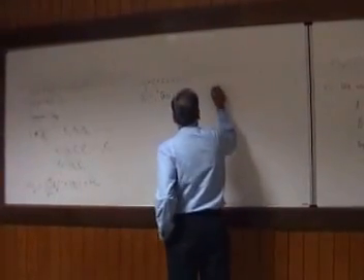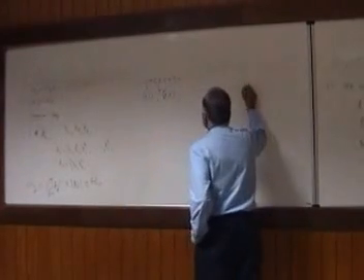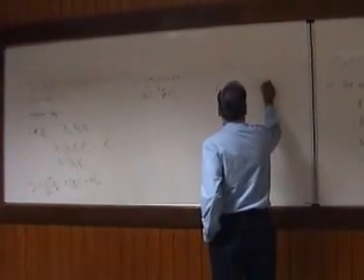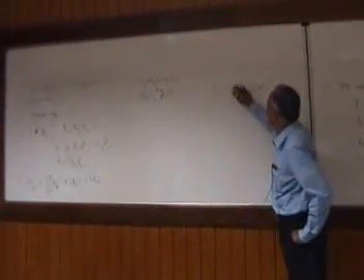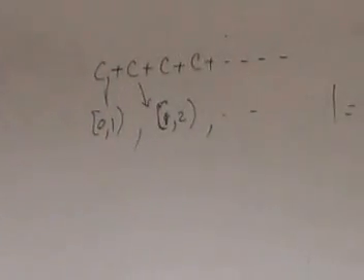So what is the union? The union is all the way from 0 to infinity. And what is the cardinality of this? It's again C. So C plus C plus C plus C is again C.